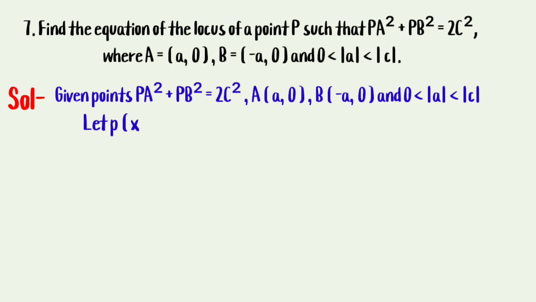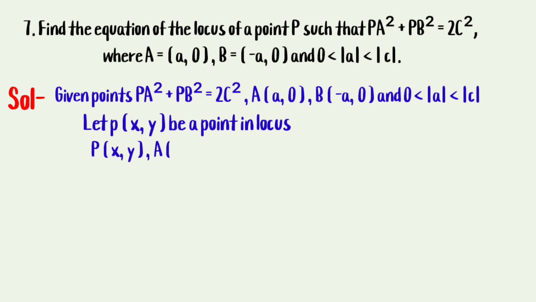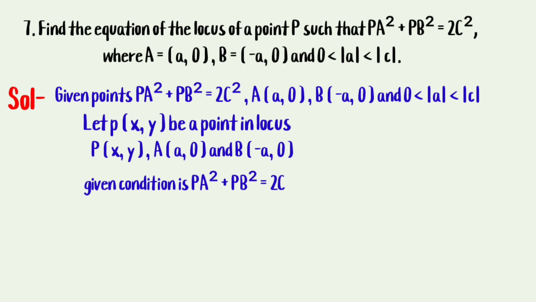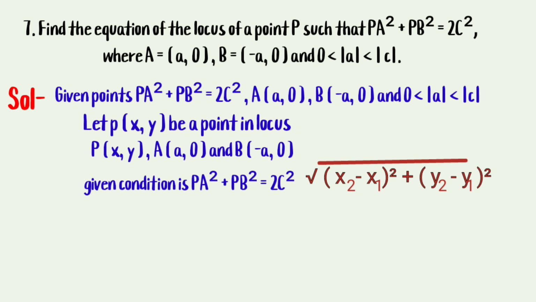Let P(x, y) be a point on the locus, A the point (a, 0), and B the point (minus a, 0). The given condition is PA square plus PB square is equal to 2c square. So substitute in the distance formula, the square root of (x2 minus x1) whole square plus (y2 minus y1) whole square.